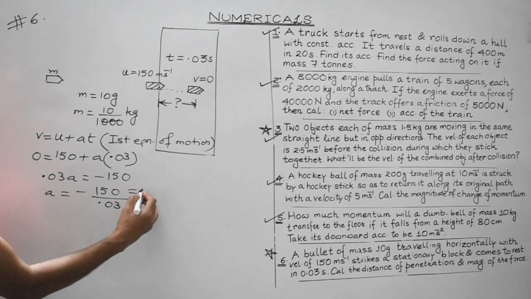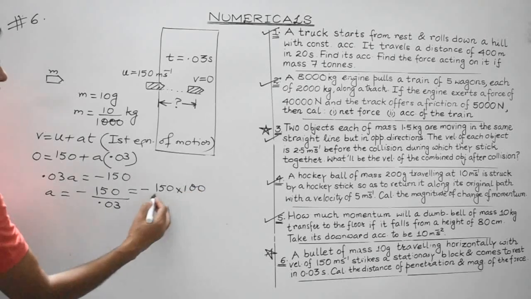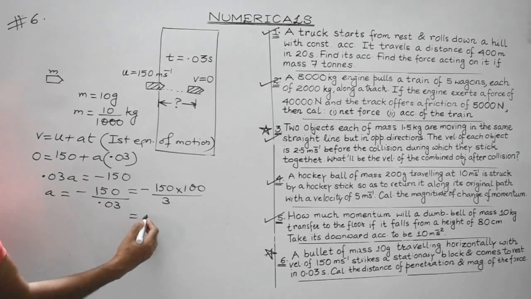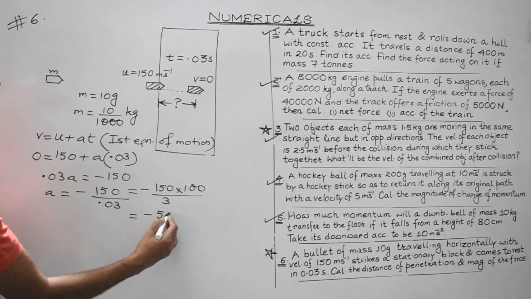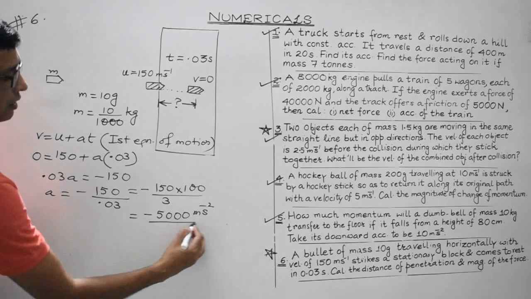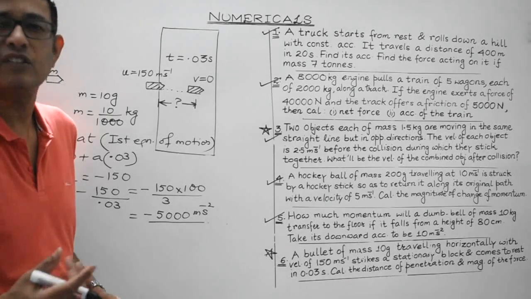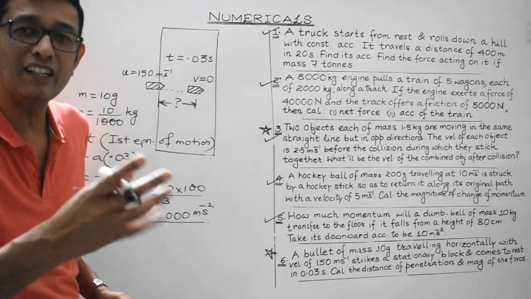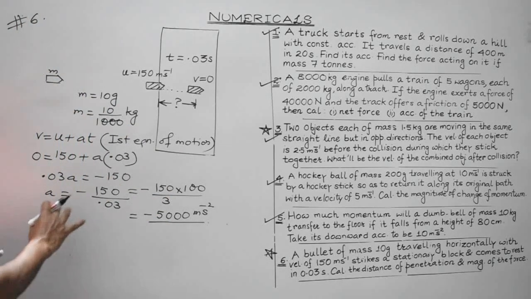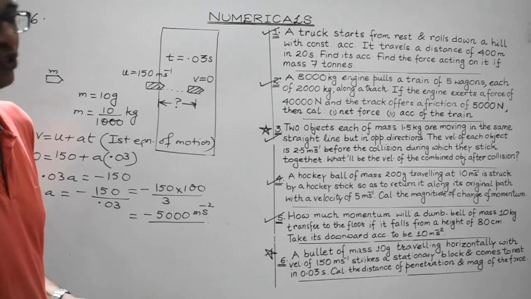So it will be minus 150 into 100 divided by 3, that will give you minus 5000 meter per second square. This is the acceleration, and the negative sign means that it is the case of retardation, right? So a is minus 5000 meter per second square.